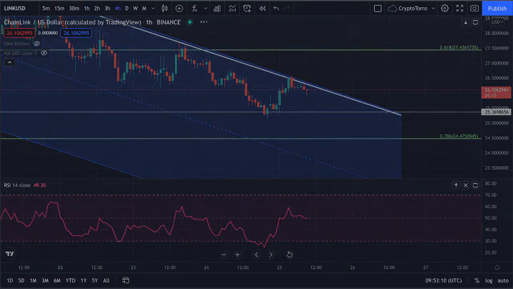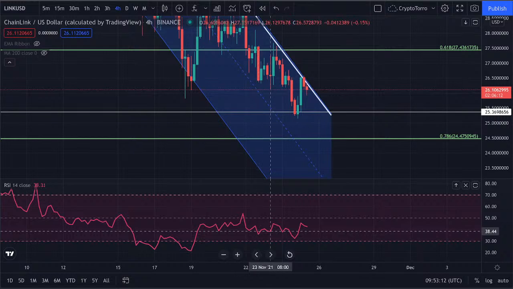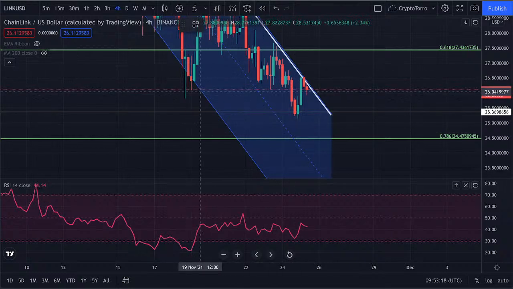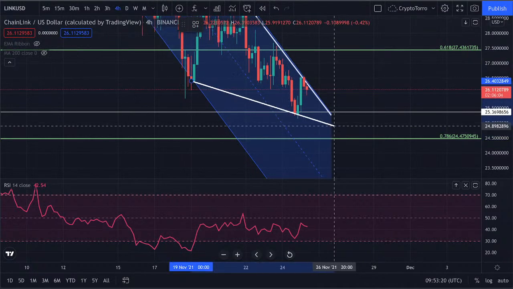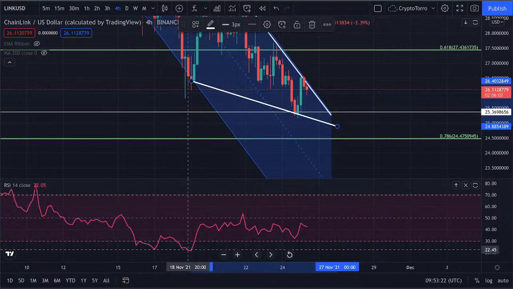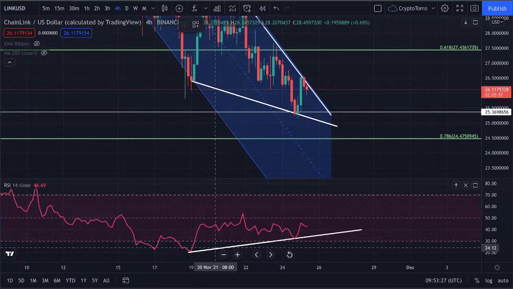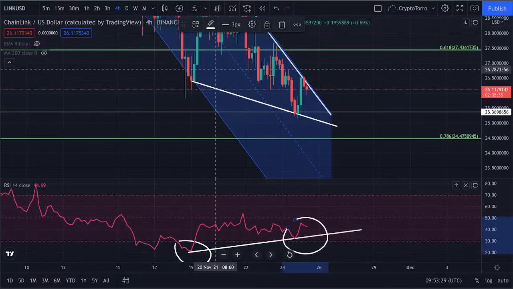As well, what I think is quite important to know is that if we head towards a 4 hourly time frame and we take a quick look at the RSI, we are clearly seeing a bullish divergence playing itself out. We are seeing this beautiful lower low on the chart, and we have seen this higher low on the RSI. So therefore, we are actually right now seeing a quite noticeable bullish divergence.